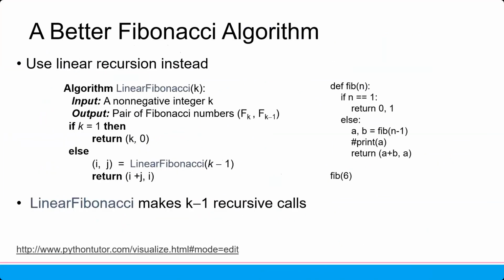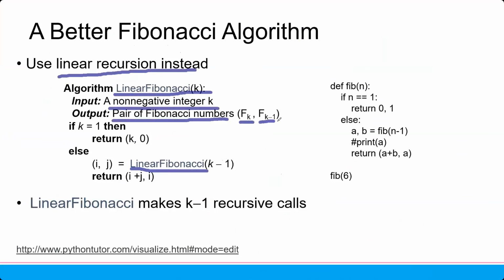So this is a better Fibonacci algorithm. We call this linear recursion. In linear recursion, we will have only one recursive call. So here the algorithm is linear Fibonacci k, where k is non-negative, and the output will be a pair of Fibonacci numbers fk, fk minus 1.